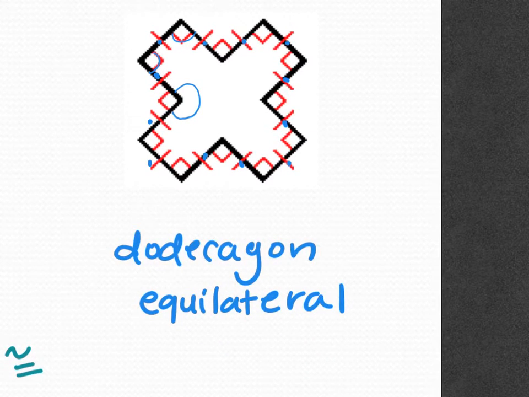Every interior angle like that would have to be congruent. The angle formed by these two sides right here is this obtuse angle. That doesn't match these right angles. This angle formed by those two sides, so that's a vertex, right? Every vertex angle has to be the same.